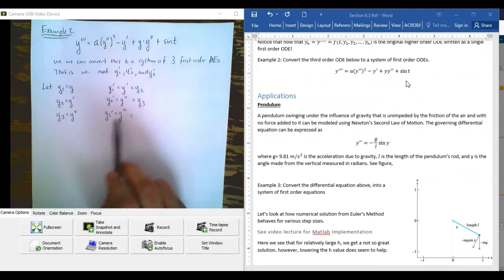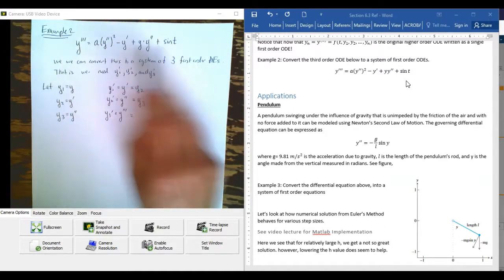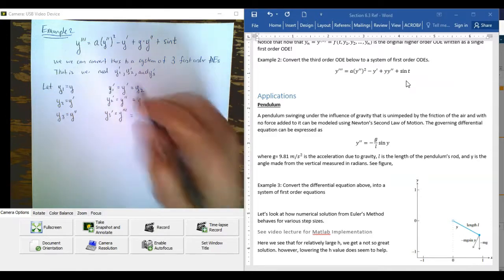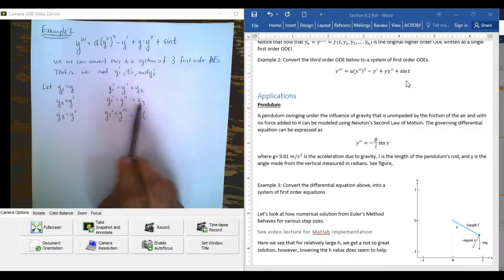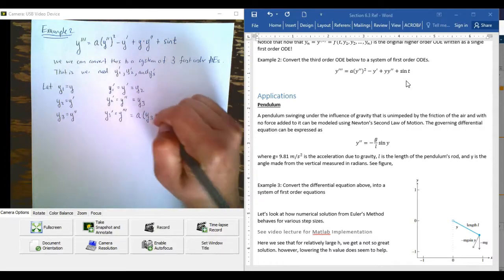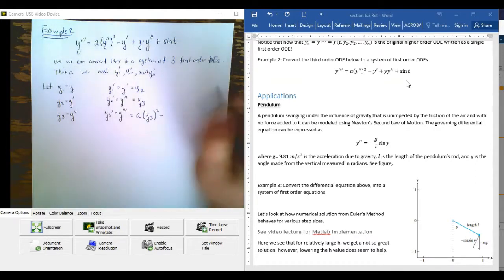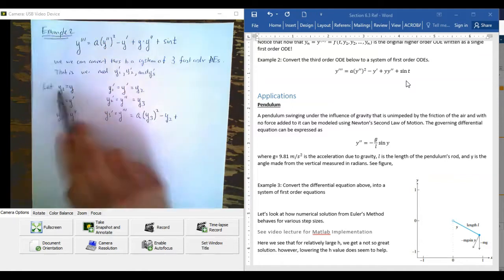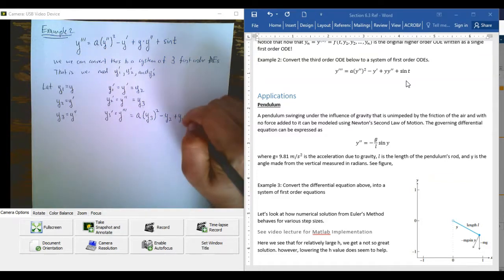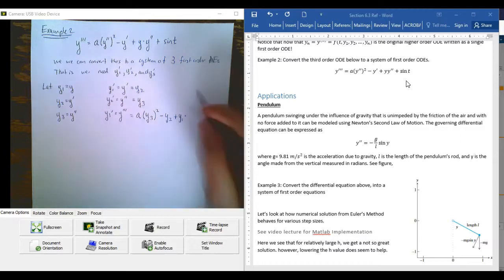And y triple prime is equivalent to this guy here, right? So that would be a times, well, what's y double prime equivalent to? y3 squared, minus y prime is y2, plus y is y1, times y double prime is y3, plus sine t.